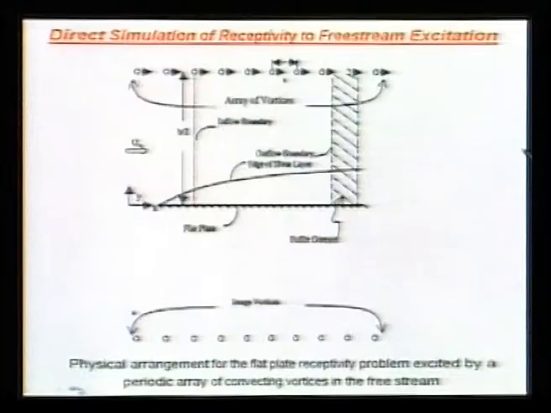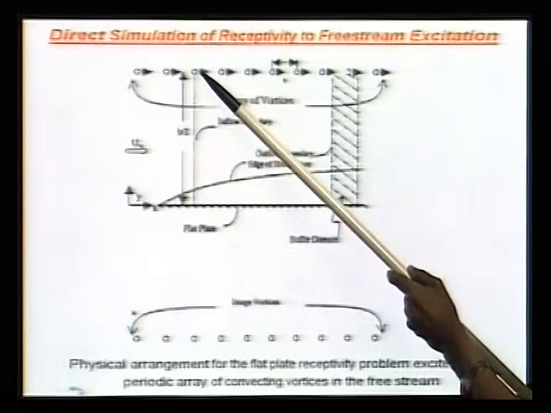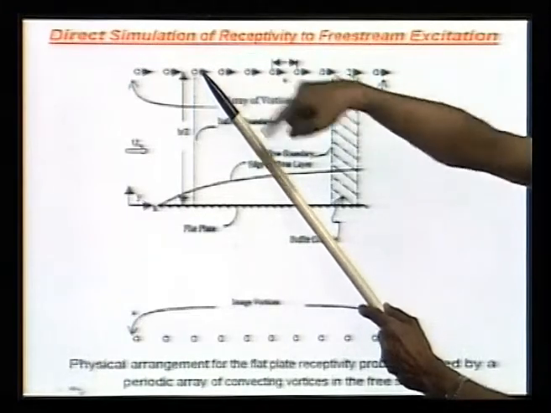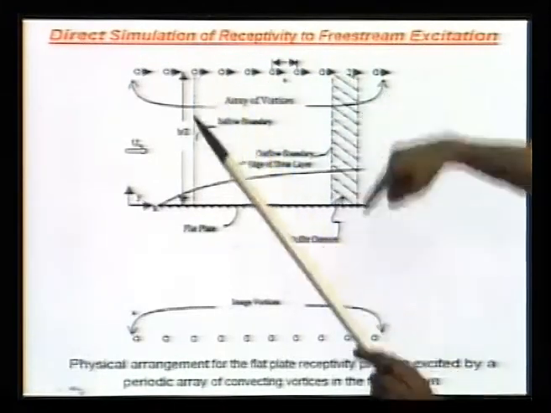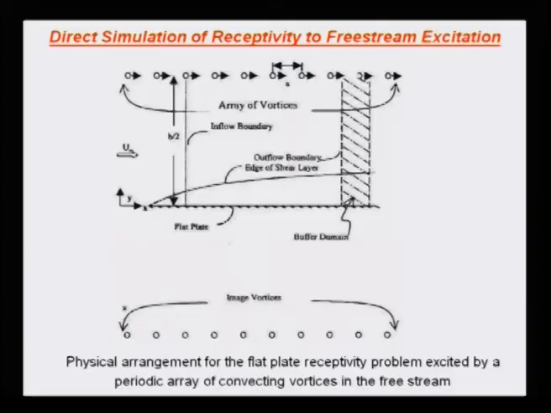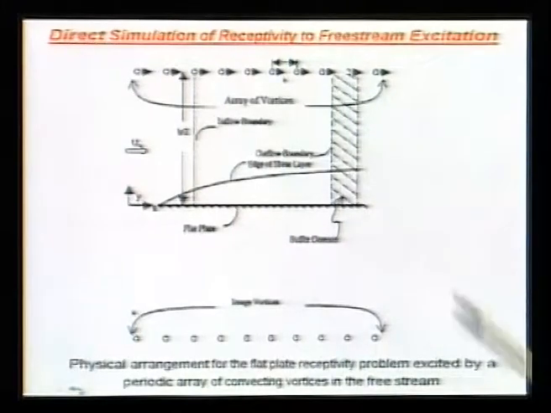For example, if I talk about a particular vortex here and look at a point like here, this will create a velocity normal to the radial vector. That gives rise to a wall normal component and a slip component.